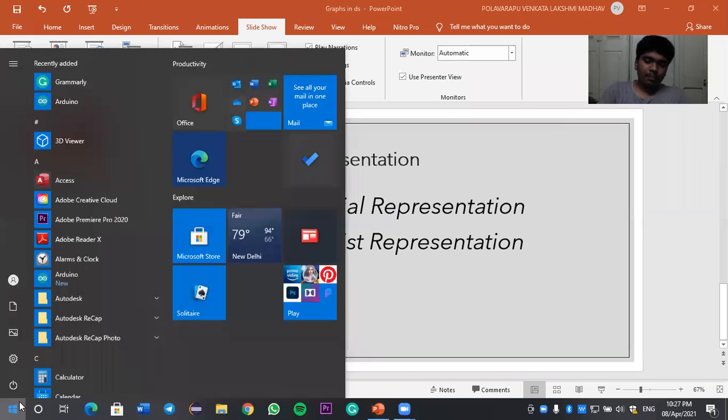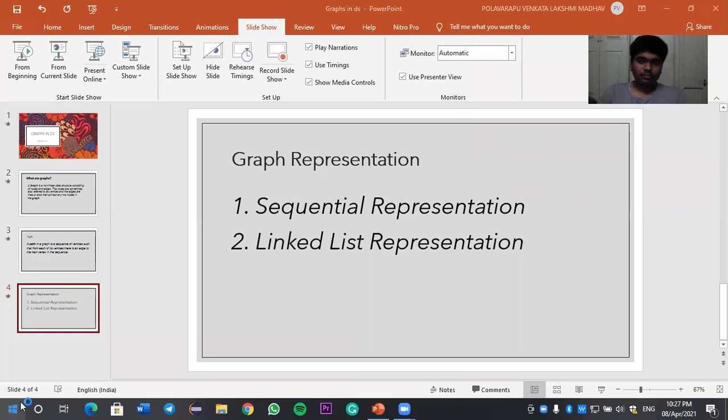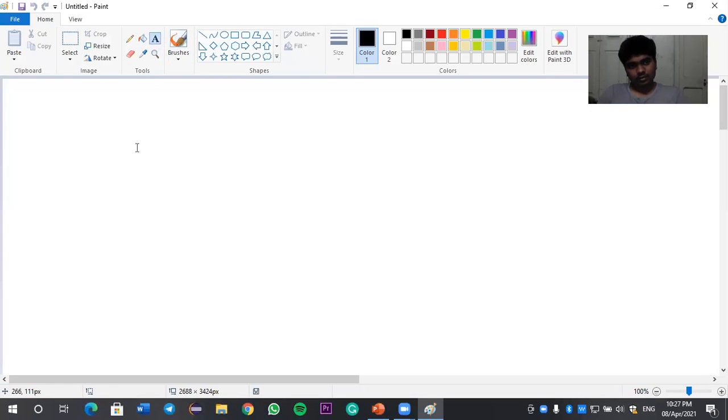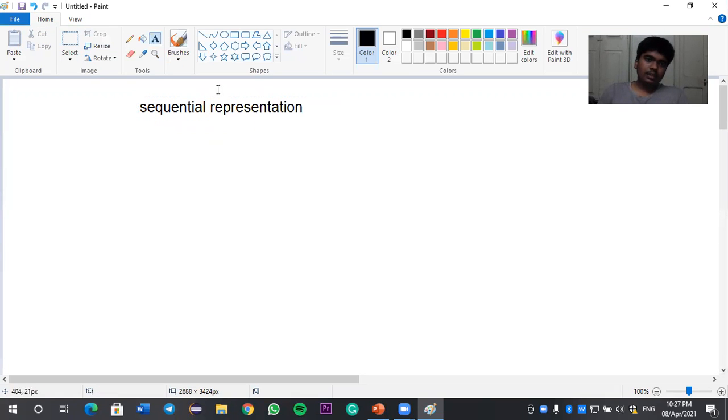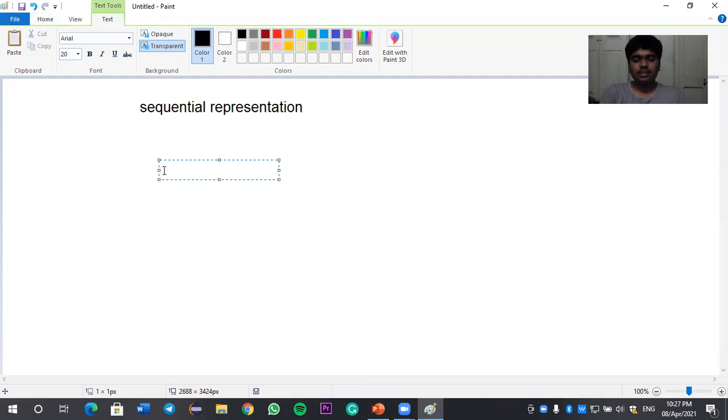Let me open my paint. First we need to know the sequential representation. Sequential representation is nothing but representation in matrix form.